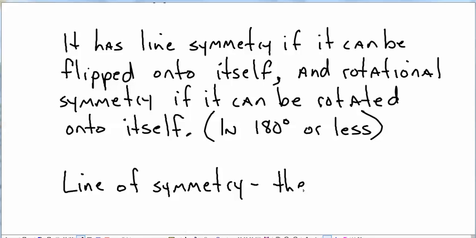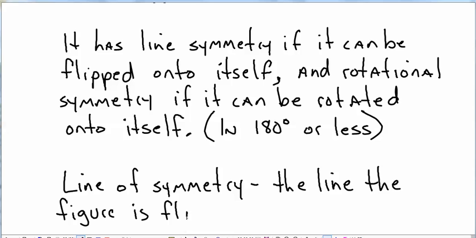That's the line. The figure is flipped over the line to map itself.